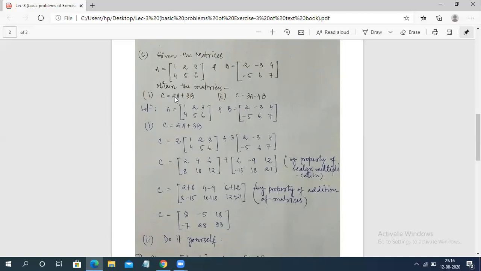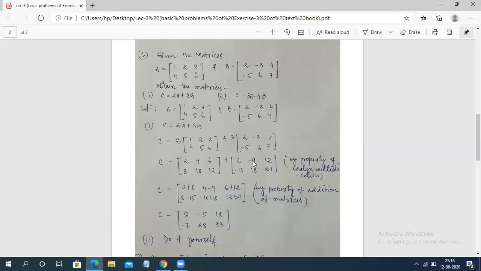Now you have to add these two matrices, 2A and 3B. So by the property of addition, each element of 2A will be added with the corresponding element of 3B. Suppose this is A11, so A11 will be added with B11, so 2 plus 6.